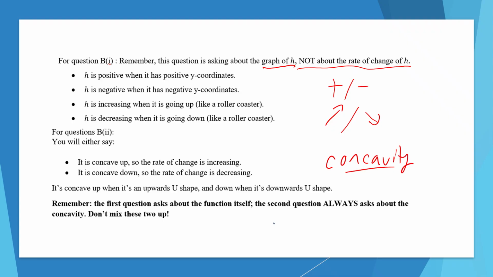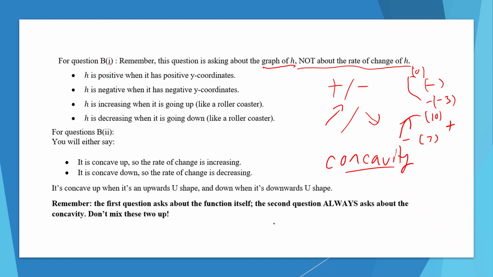Positive and negative is just whether it has positive or negative y coordinates. It will only be one or the other. So it could be from, let's say, 0 to -3, right? Those are going to be negative. Let's say it's from 7 to 10. That's going to be a positive one. And so that's how you answer that.